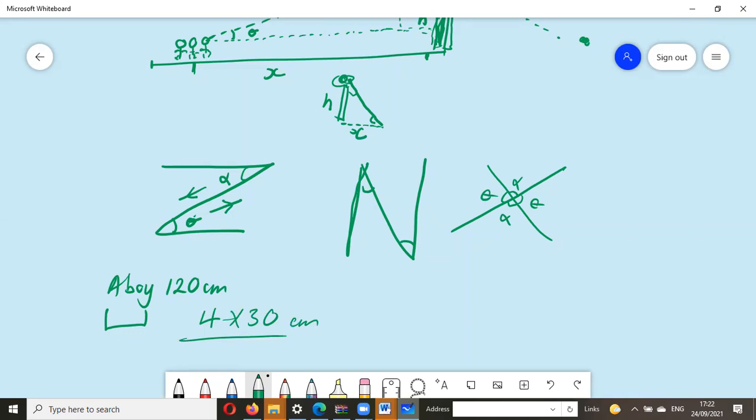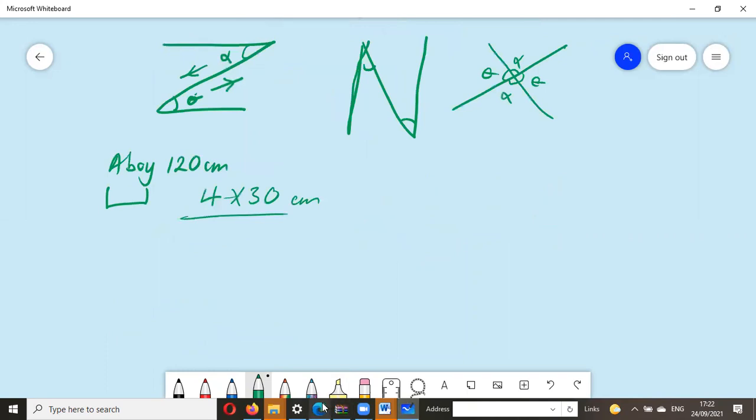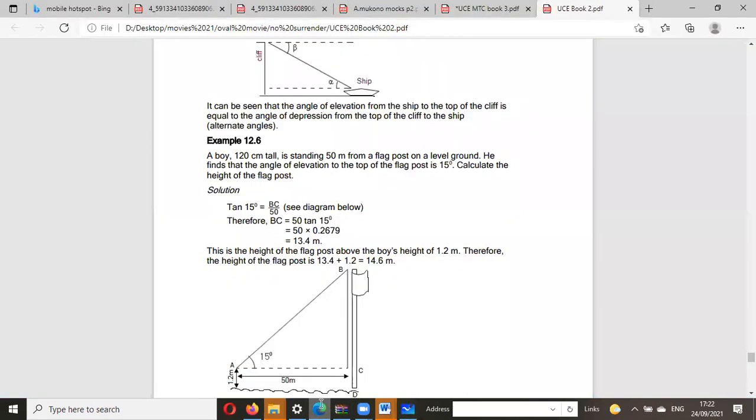Okay. So we continue to analyze the information. So I said he's 120 centimeters tall. He is standing 50 meters away from the flag post. I think all of us know a flag post, the flag is always at the top.